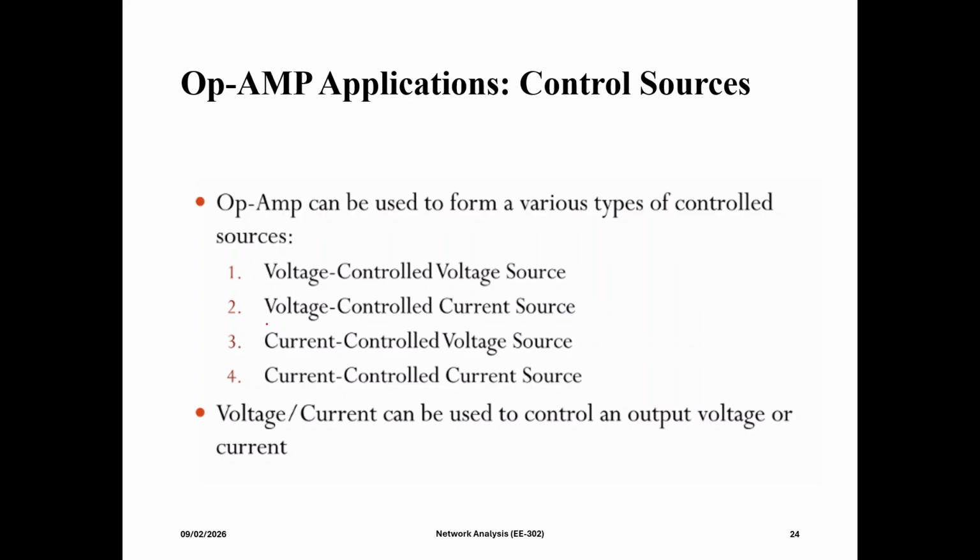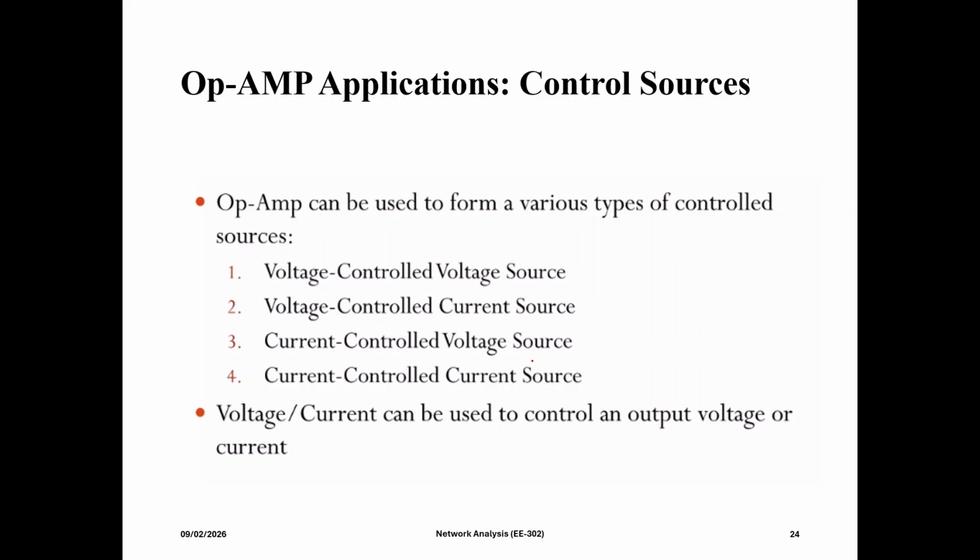The second type is the voltage controlled current source. In this type, the output current is controlled by an input voltage. This is useful in applications where you want the current to be precisely set by a voltage signal. The third one is the current controlled voltage source.